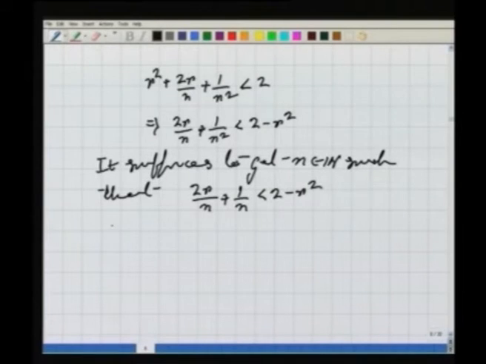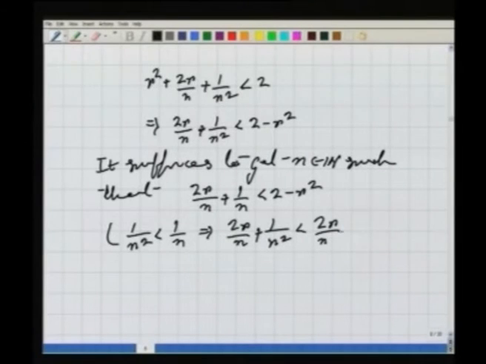This is simply because 1 by N square is strictly less than 1 by N, and this implies twice R by N plus 1 by N square is strictly less than twice R by N plus 1 by N.